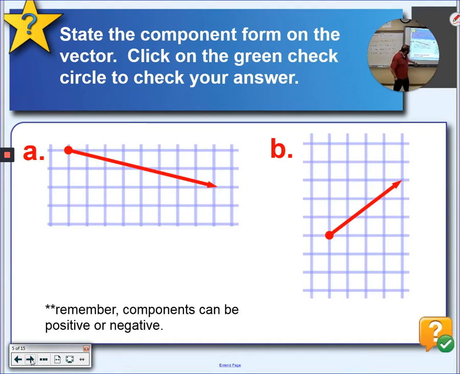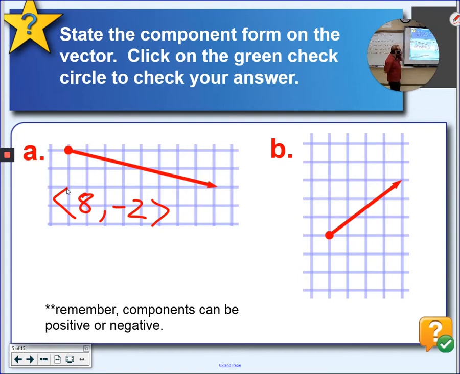Take a look at these right here, and let's look at vector A first. What would its vector notation be? Let's see, 1, 2, 3, 4, 5, 6, 7, 8, and 3. So this would be positive 8 and 3, in pointy brackets.